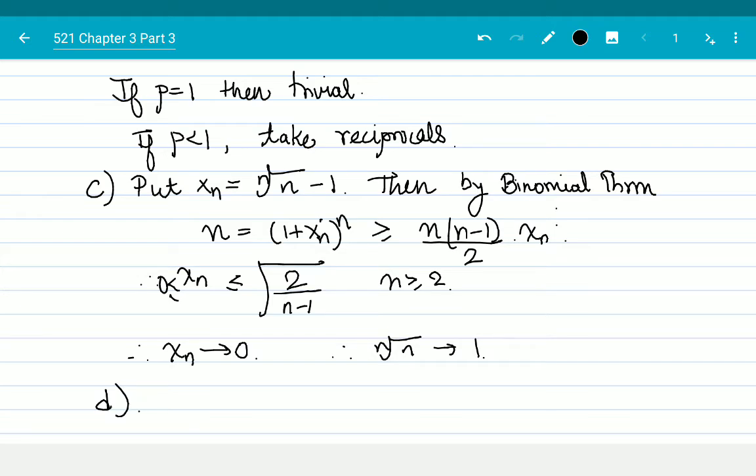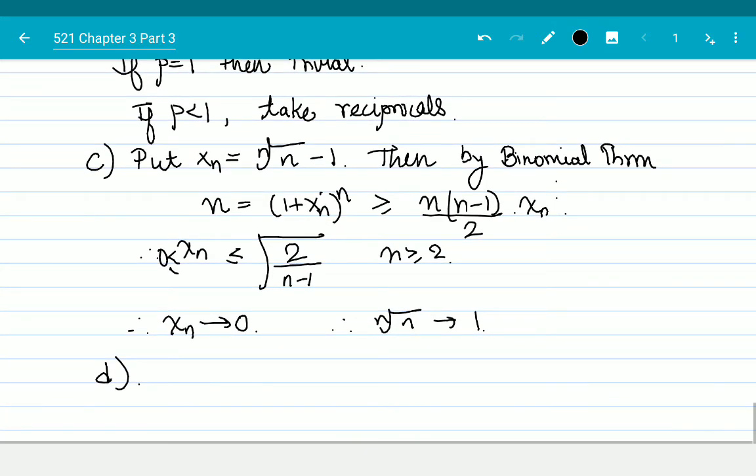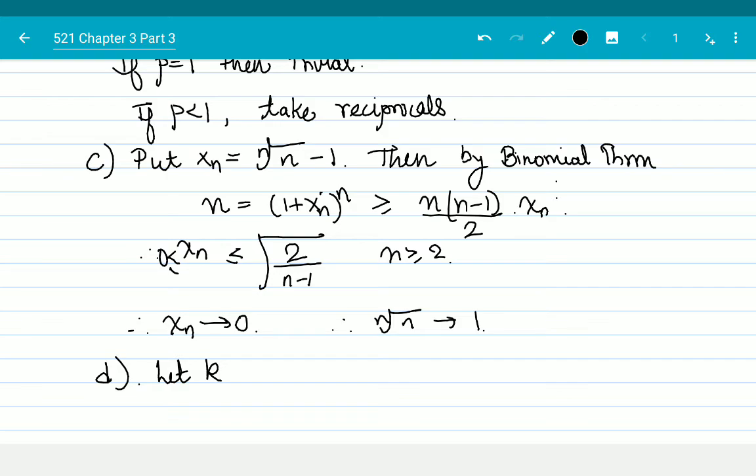D. Let k be a positive integer, k belonging to N, such that k is greater than alpha.